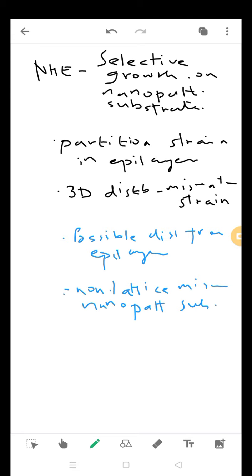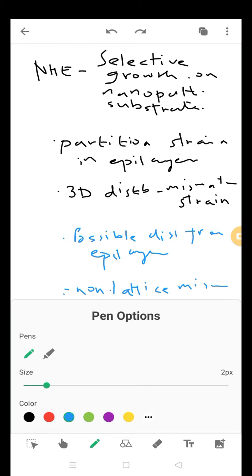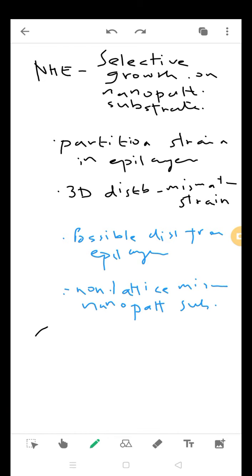Now this gallium nitride, as we have started with, for the case of 3C-SiC, this actually provides very little lattice mismatch.